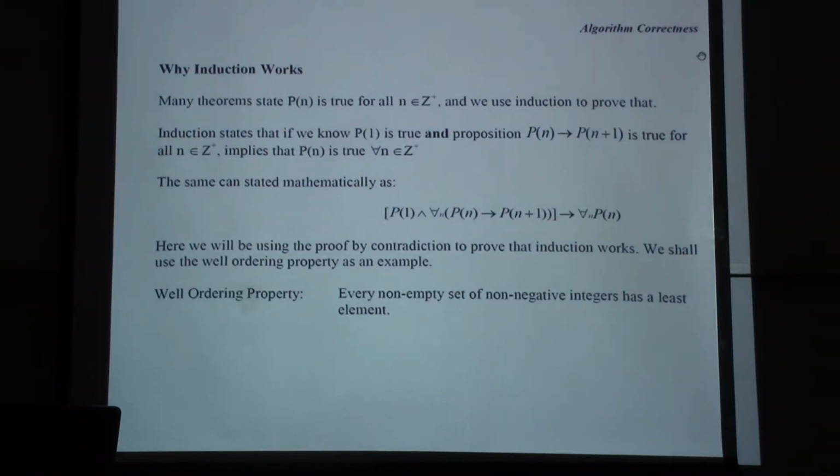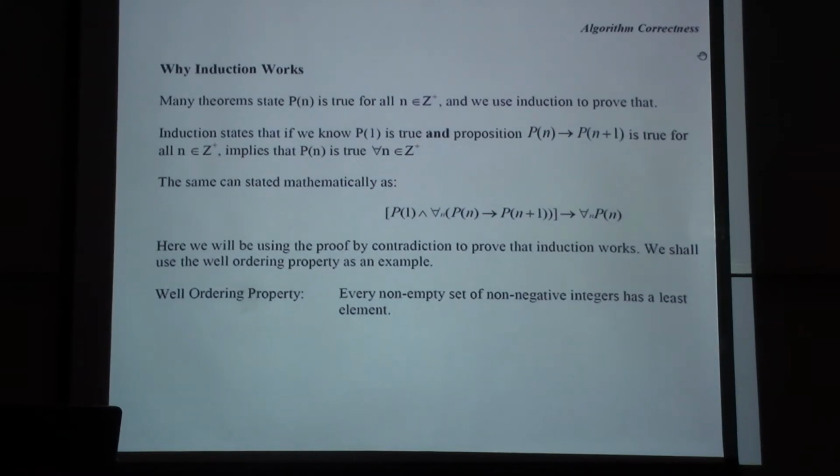So mathematically, we can state it like this. P of 1, which is the basis. Now this symbol means for all n values. Now for all n values could be for all n values in this set, right? And again, you can say, well, what about the 1? Well, 1 is true too. We can still include it. We don't have to exclude it.